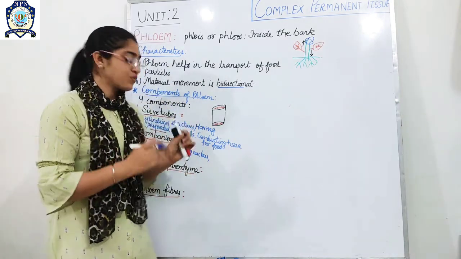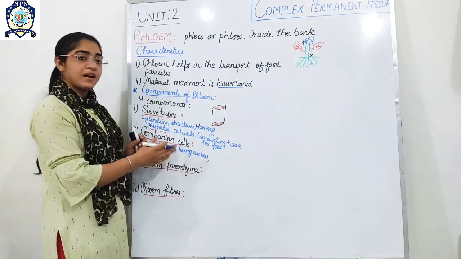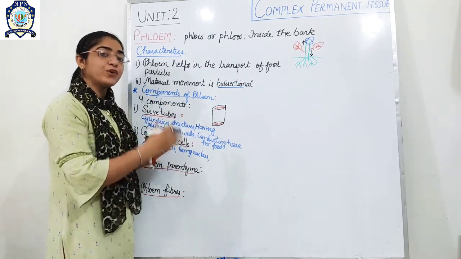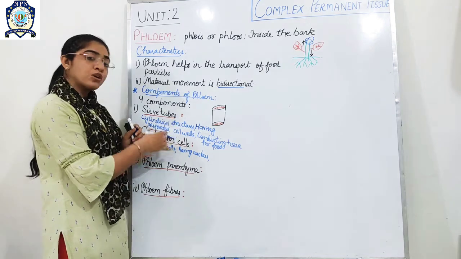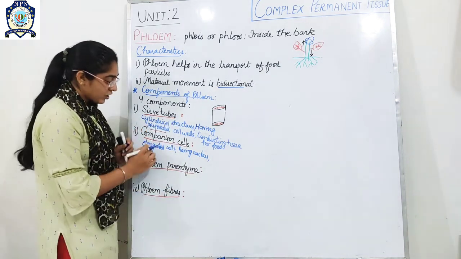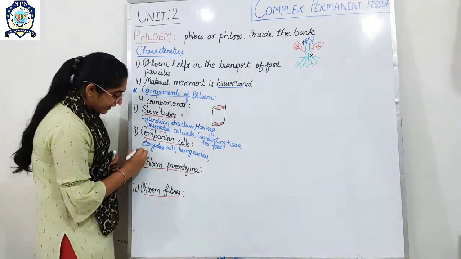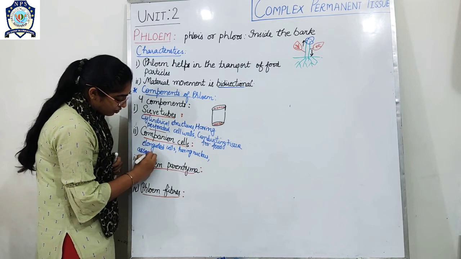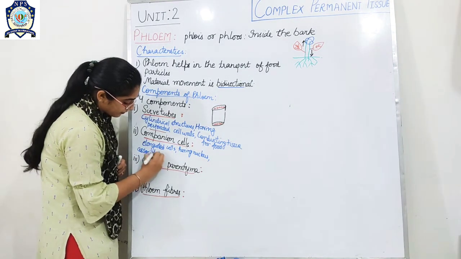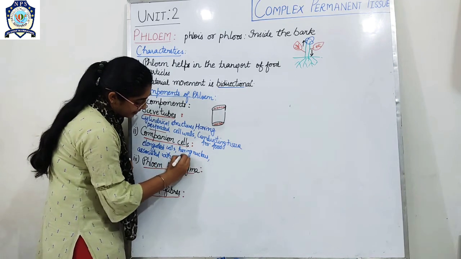They are attached with the sieve tube. I will draw the diagram, and that diagram will help you a lot to understand the concept of the components of the phloem.